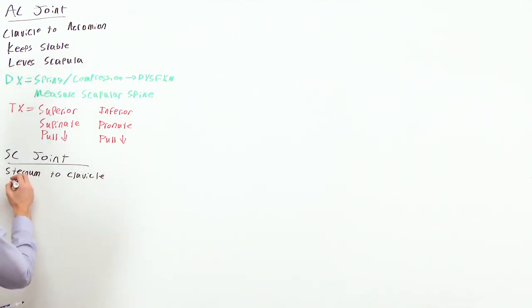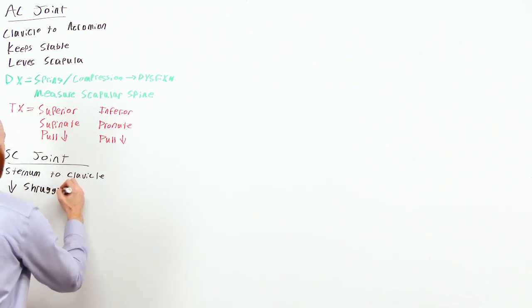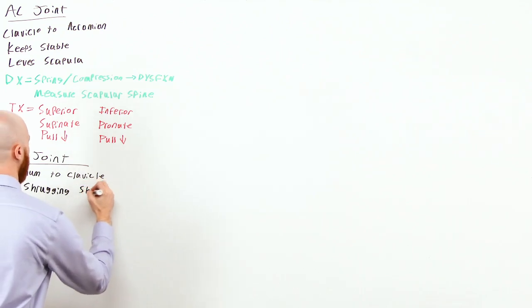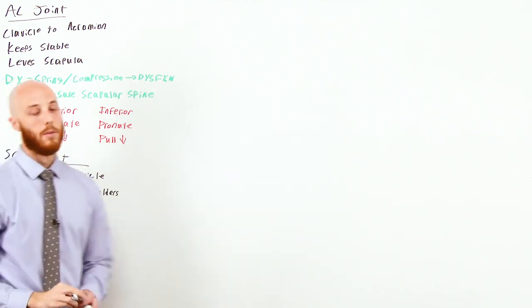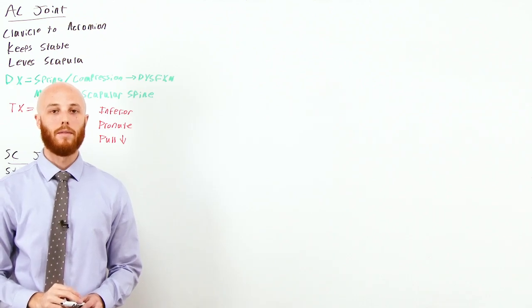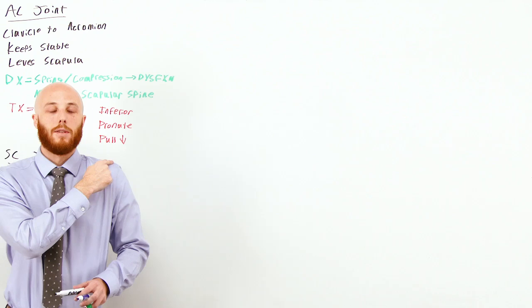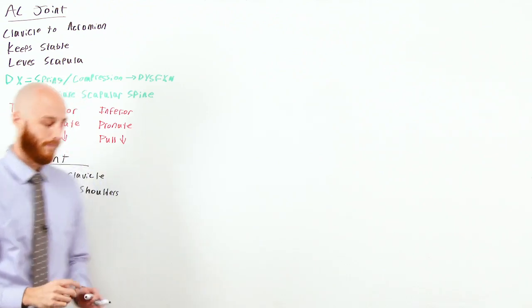One of the primary motions is the SC joint moves downward when shrugging shoulders. So it moves downward in relation to the rest of the anatomy of the upper extremity. When I shrug, the lateral side of the shoulder is up, while the SC joint is located down.